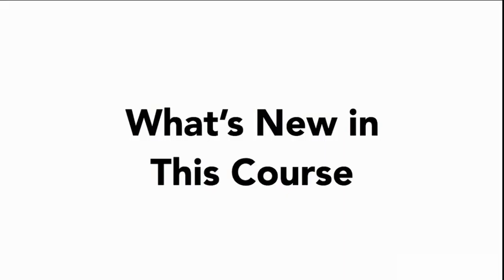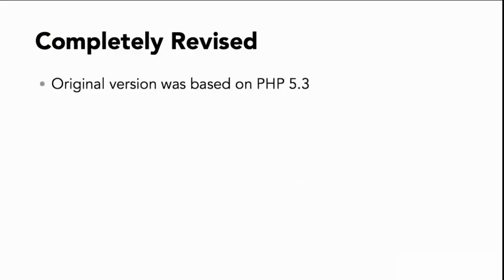Let's take a look at what's new in this course. It's been completely revised since the original version was incorporated into the lynda.com online training library. The original version was based on PHP 5.3, which is no longer officially supported. PHP 7, a major new version of PHP, was released at the end of 2015, so the course has been updated to take PHP 7 into account.